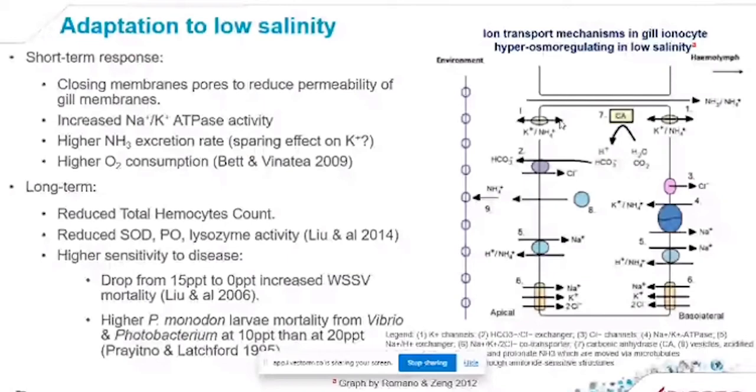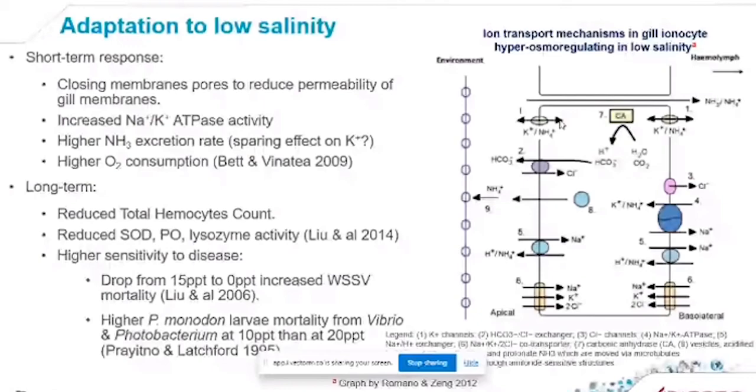For example, mortality of shrimp to white spot virus was demonstrated to increase when the shrimp were at 0 ppt compared to when they were challenged at 15 ppt. Similarly, with Vibrio infections, an increased mortality of monodon larvae has been shown when they were exposed to the Vibrio at low salinity compared to at 20 ppt salinity.